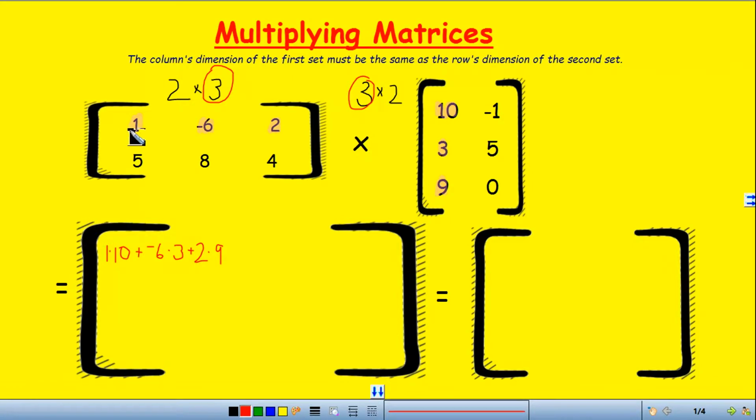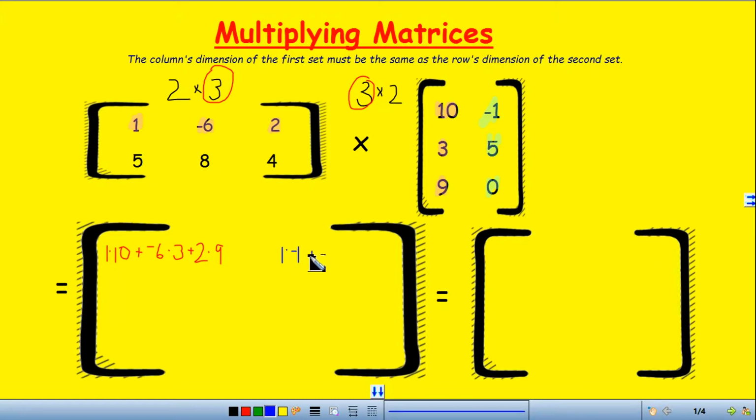Now we're going to take that same row, and this time we're going to multiply it times the second column of the next set. So I'm going to multiply 1 times negative 1, and that's going to put it right over here. 1 times negative 1.